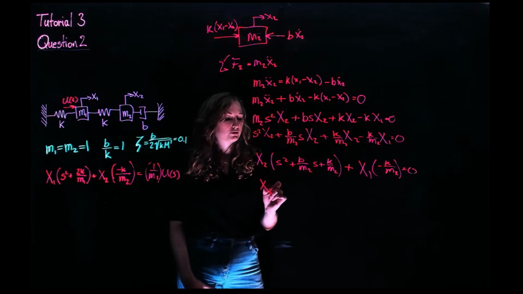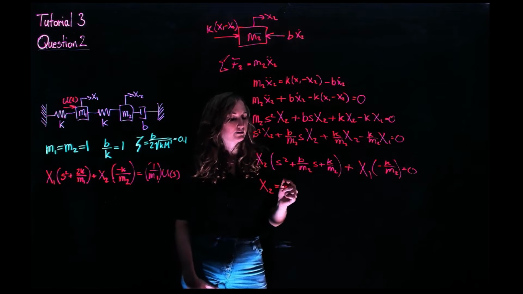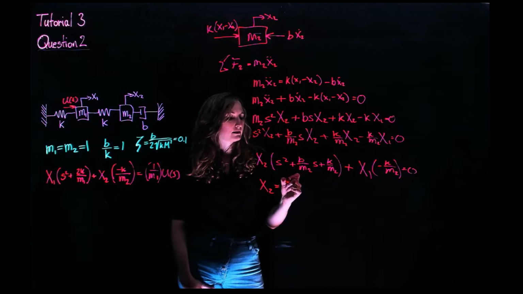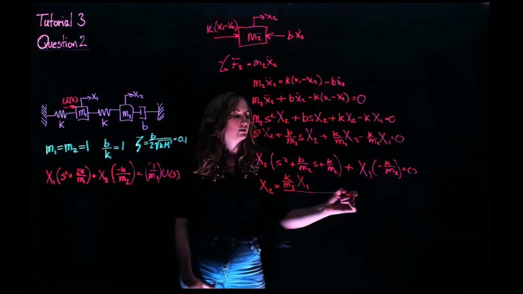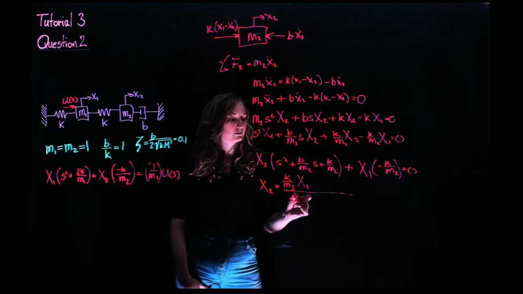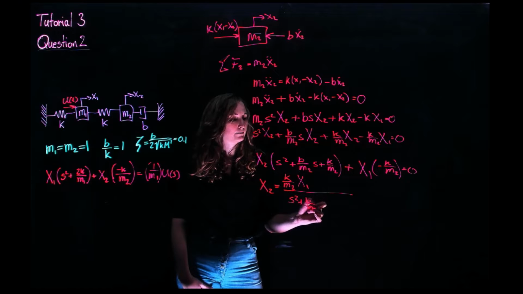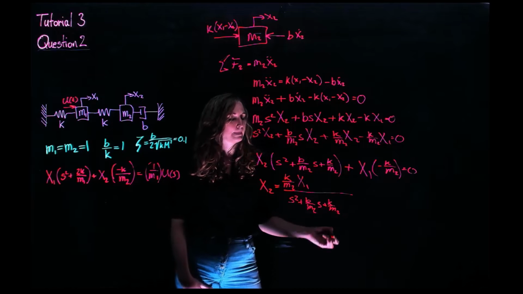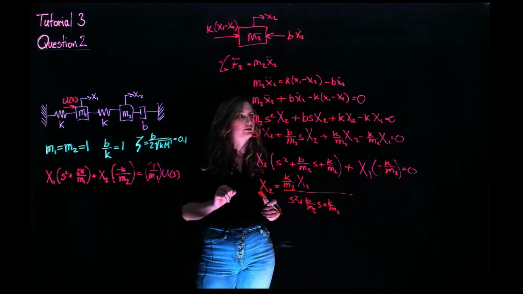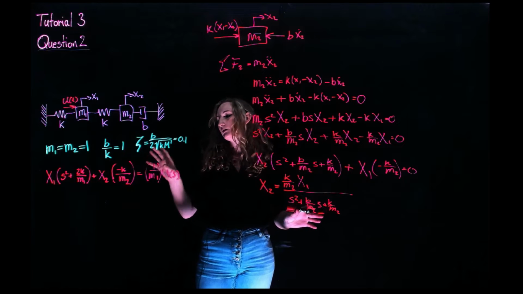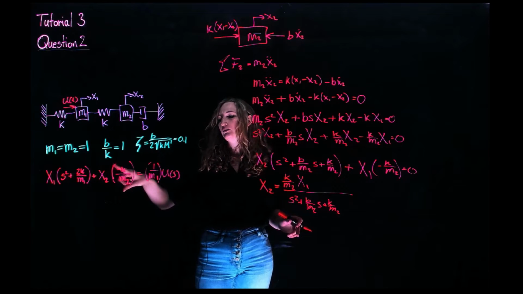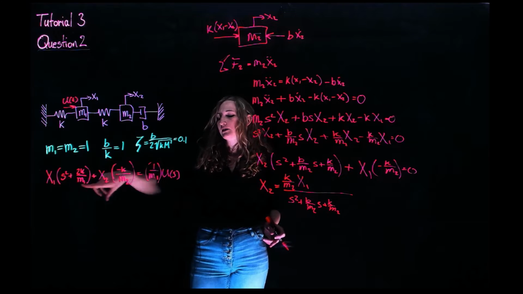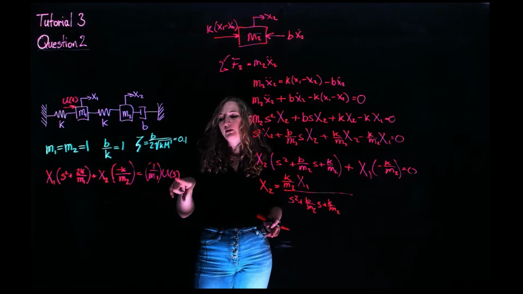We get x2 equal to, moving that to the other side, k over m2 x1 all over s squared plus b over m2 s plus k over m2. Okay, the next thing we'll want to do is plug this into the equation for x1, and then we can rearrange it so we get x1, our output, over our input u of s.